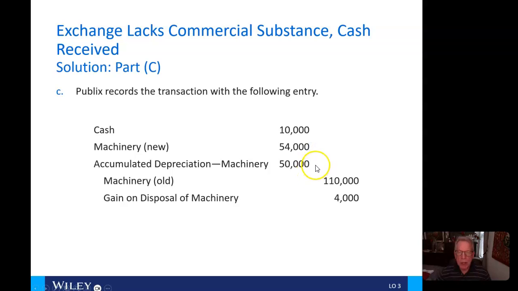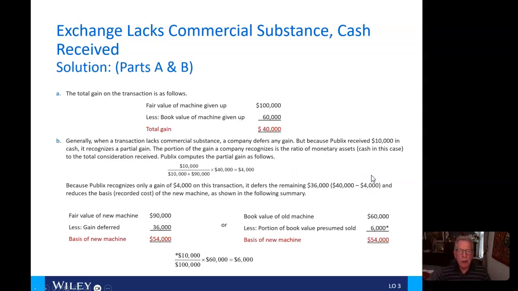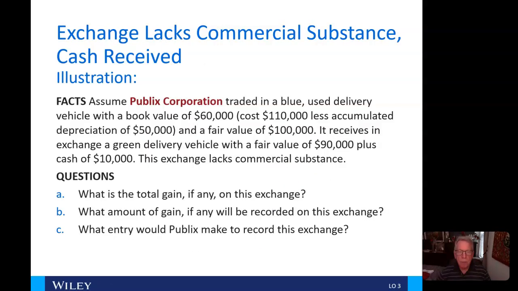And then we have accumulated depreciation with a debit, and that will take that out, and the old machinery with 110,000. So if I go back, that's $4,000, and here's the 110,000 and the 50,000 and the book value of 60,000.